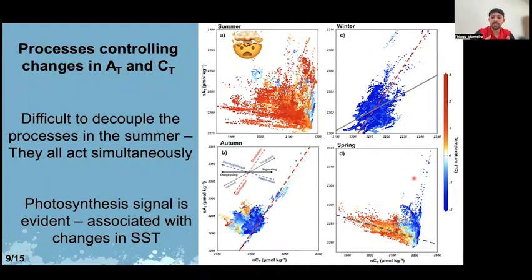But in the beginning of the spring, when we have a lower temperature, we have other processes such as the ice growth, for example, and the dilution or calcification processes.